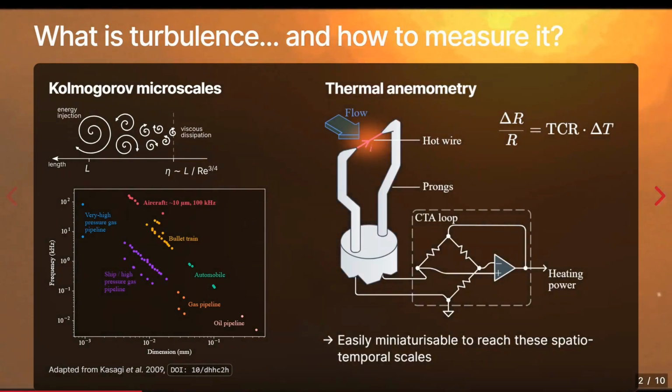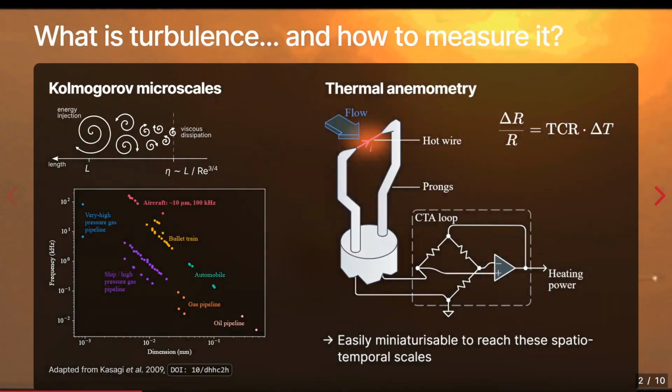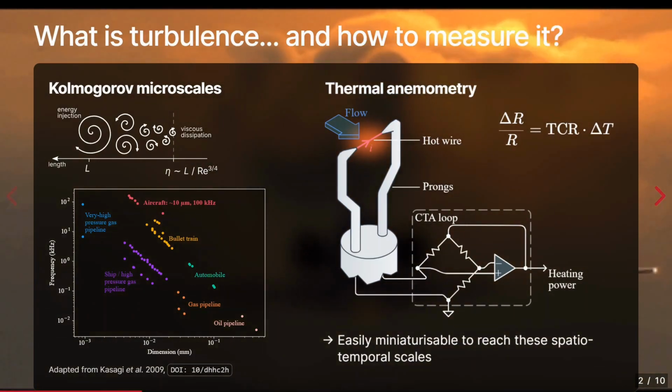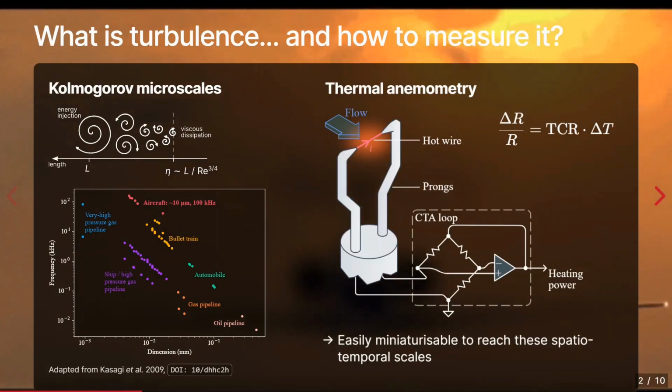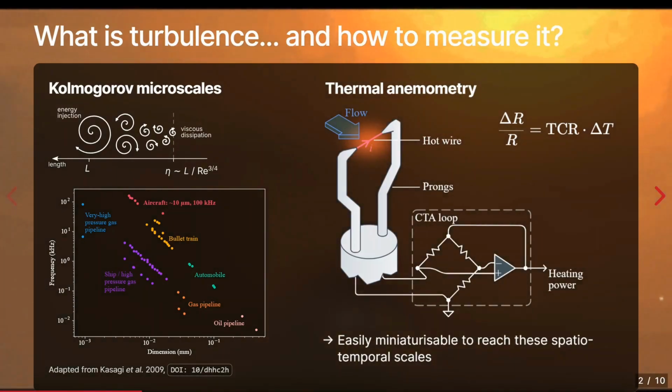So by knowing the temperature of the wire, we can have an image of the flow, and we can have an image of the temperature by measuring its electrical resistance, given we know the TCR of the material. TCR is temperature coefficient of resistance. So the higher it is, the more sensitive our system will be.